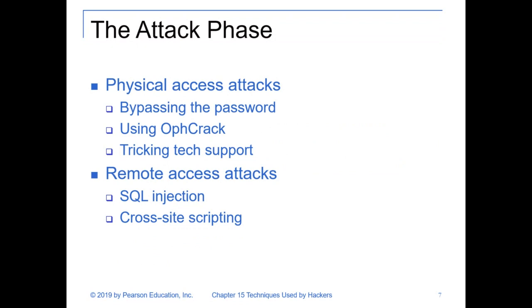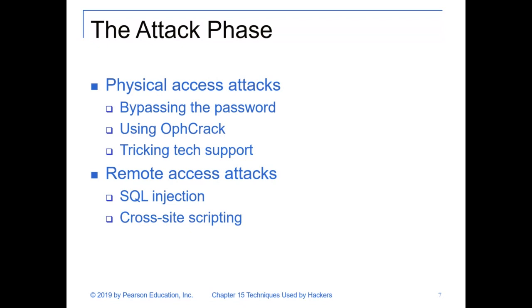OphCrack is a Windows password cracking tool. It boots the system into Linux and uses a process called a rainbow table. It cracks the entries in the Security Account Manager file. Now, there are also some remote access attacks such as SQL injection or cross-site scripting. SQL injection is a remote access attack that uses malicious code to manipulate the database into revealing information.